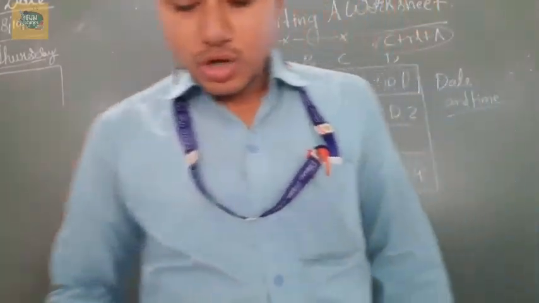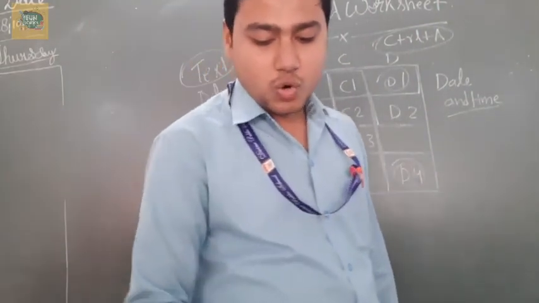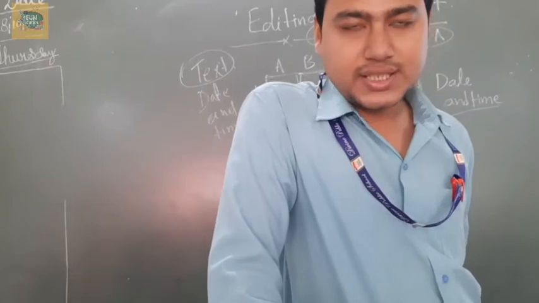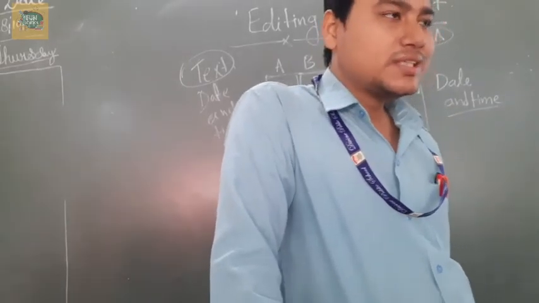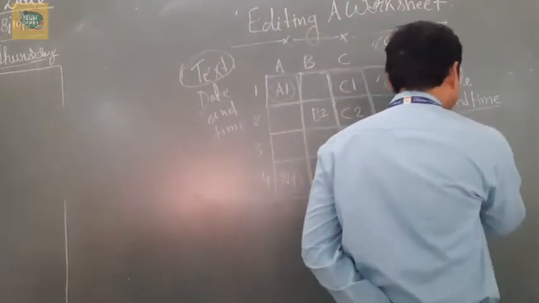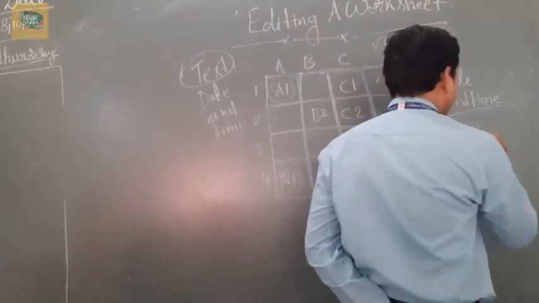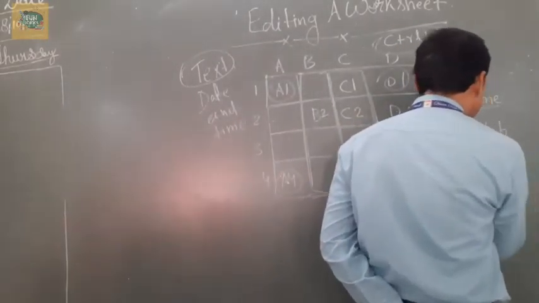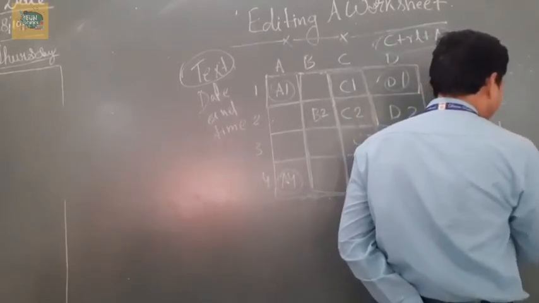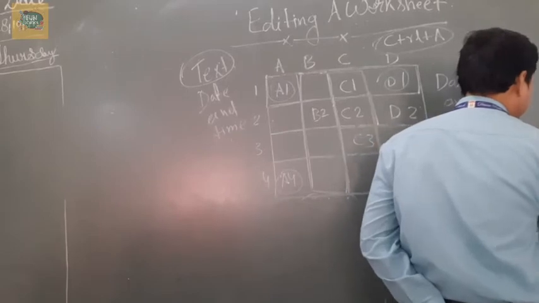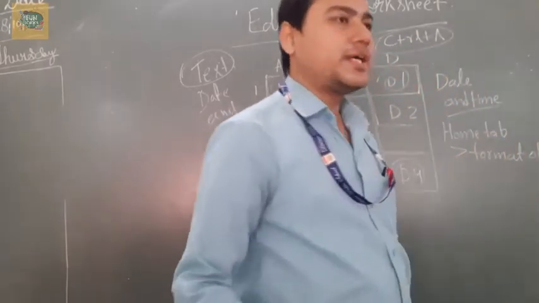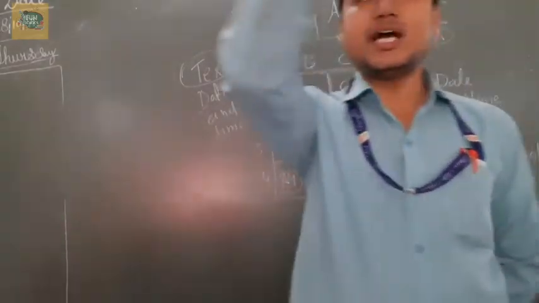Inside the Home tab, you can see the Format option in the Cells group. If you click on this Format option, then you will see the dialog box.